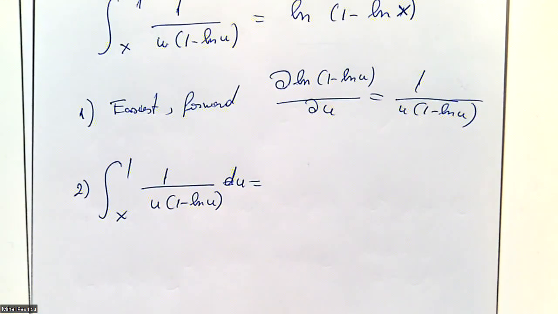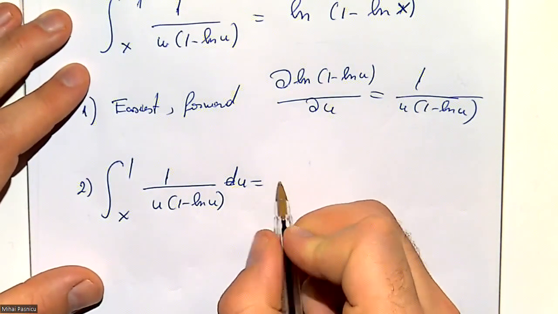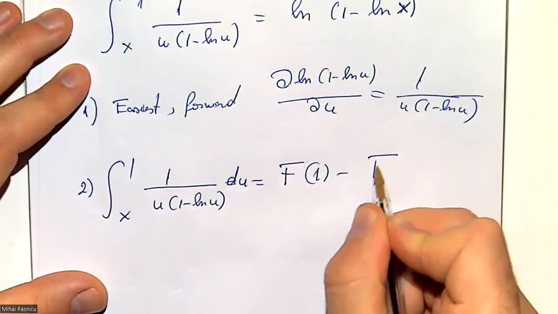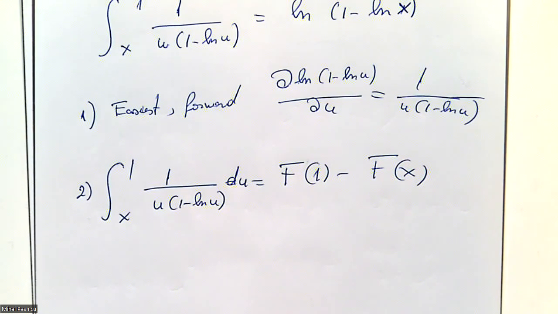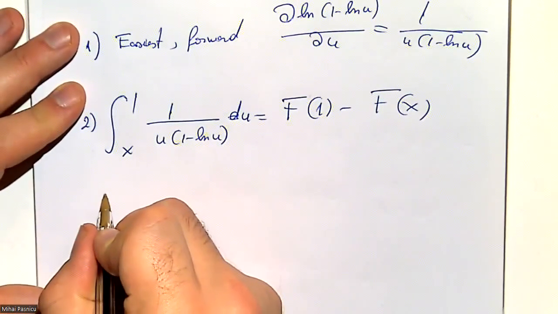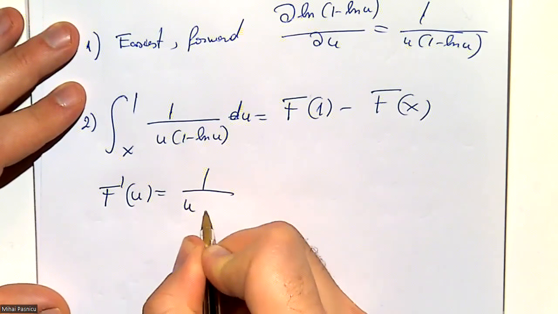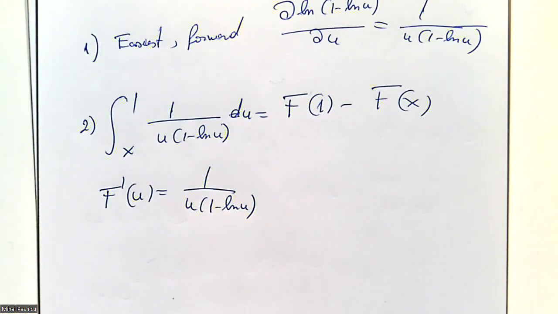You can think of it this way: this is just going to be equal to some big F of 1 minus some big F of x, with the property that the derivative F prime of u is equal to 1 over u times 1 minus ln of u. Just the definition of the derivative.